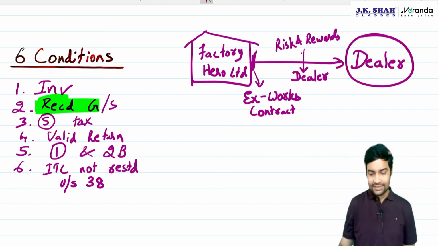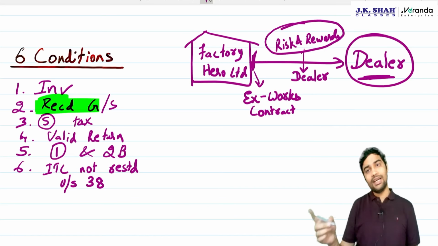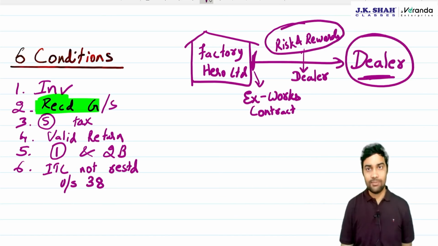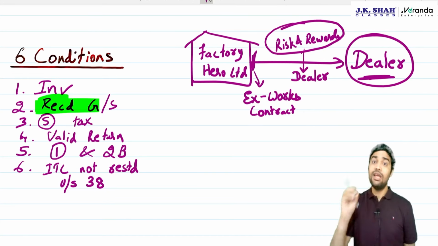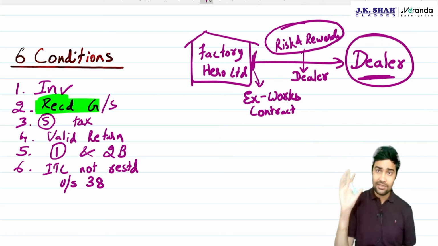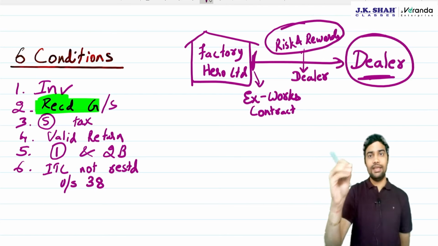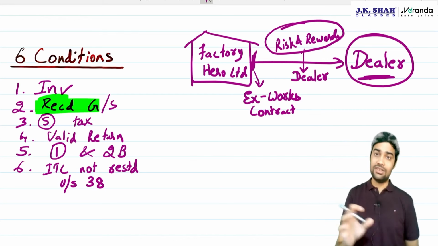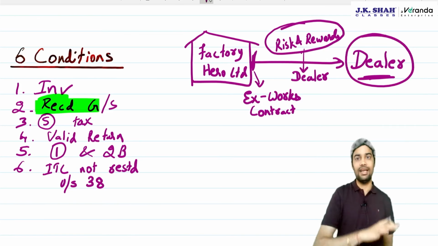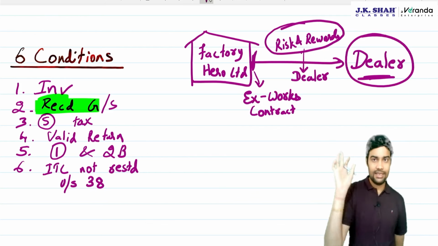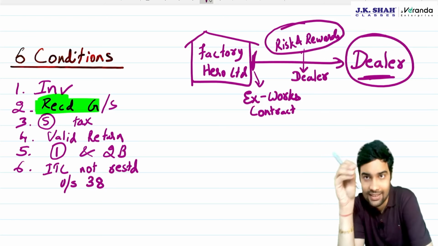So, if any accident happens here, dealer will have to file a claim with insurance. See, factory will help in arranging transport. Factory will help in arranging insurance, but Hero Limited will not be responsible in case of ex-works contracts because in case of ex-works contracts, the property in the goods gets transferred to dealer. Property in the goods gets transferred to the dealer at the factory gate.